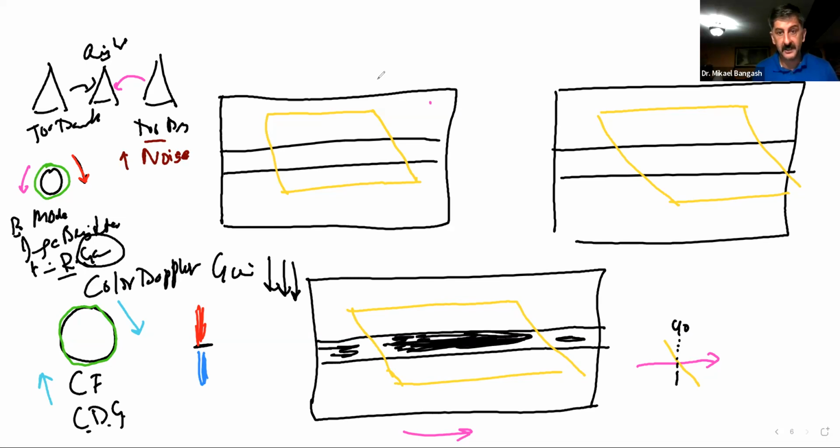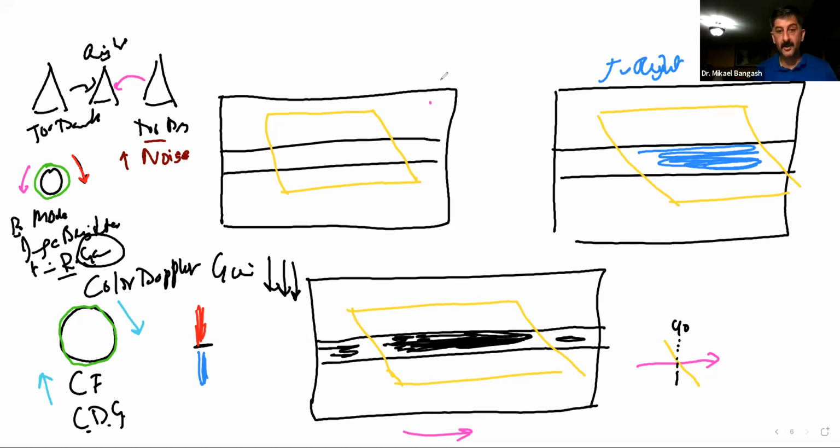And then what we will see is that this blood vessel here will start showing up a Doppler shift. Did that make sense? So ideally, we can say this one here is just right, just the right brightness, right Doppler gain.